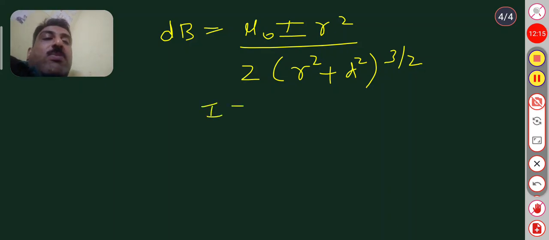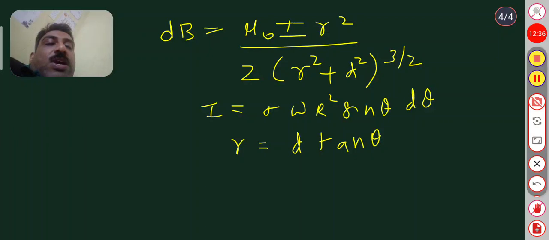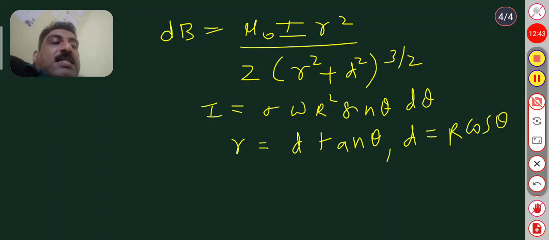Then you can use the formula: R is equal to d tan theta, the relation d is equal to r cos theta, and also small r is equal to r sine theta.